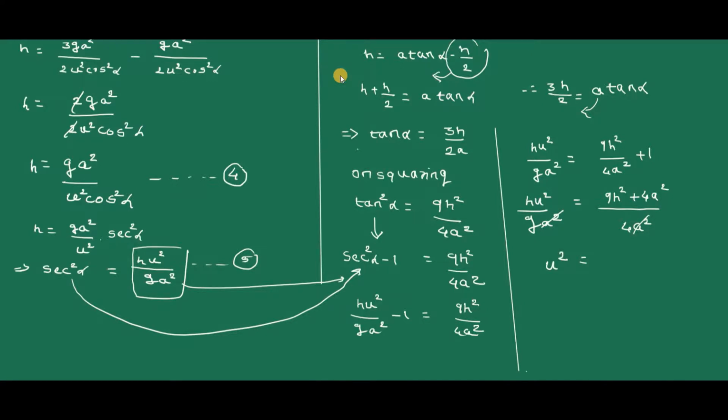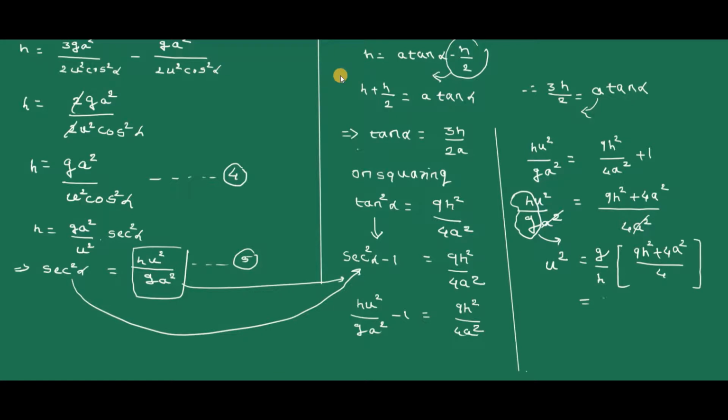So u square is equal to, transpose h divided by g to the right hand side, that is g divided by h into bracket 9h square plus 4a square divided by 4 you will get.